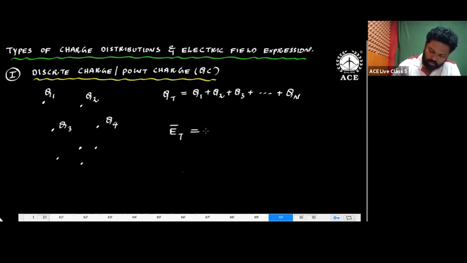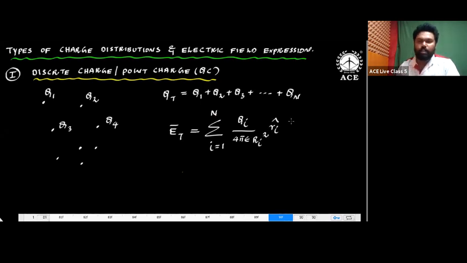E total is equal to the summation of i from 1 to n of Qi divided by 4 pi epsilon, Ri magnitude square, Ri cap. This one we already know. Just you need to take the summation.